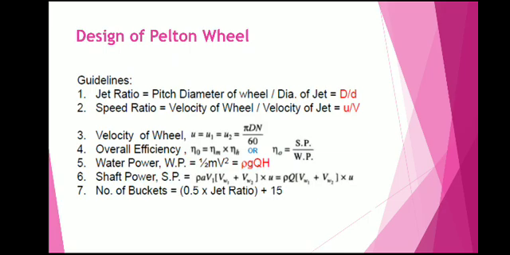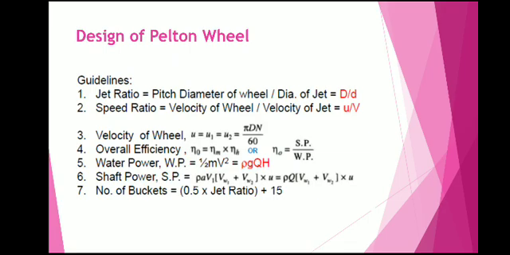Second, speed ratio should be equal to velocity of wheel divided by velocity of jet, small u divided by capital V. Third, velocity of wheel u equal to u1 equal to u2 equal to pi D N divided by 60.